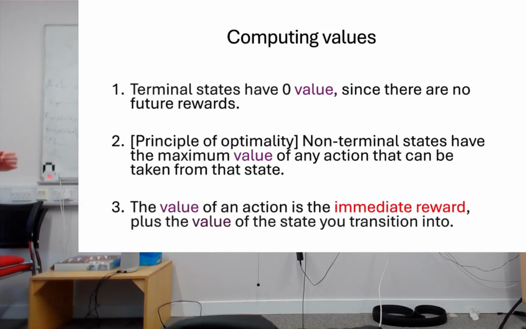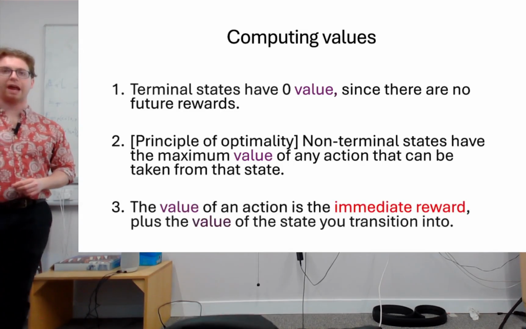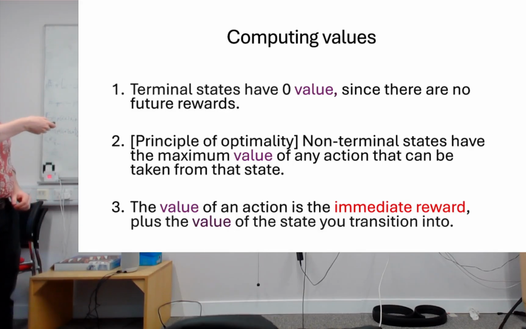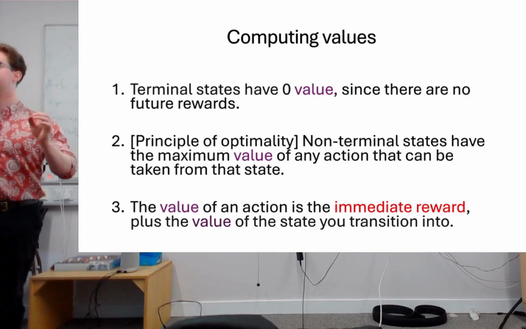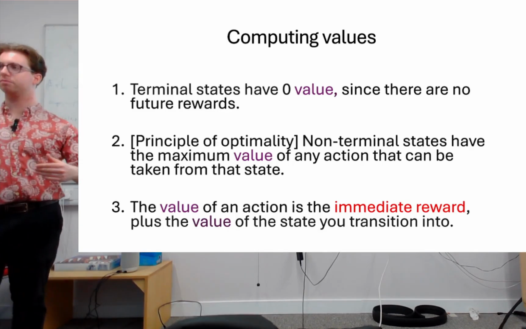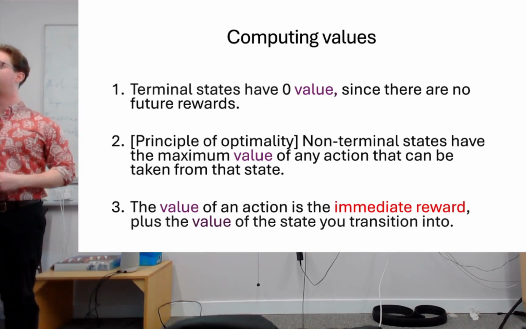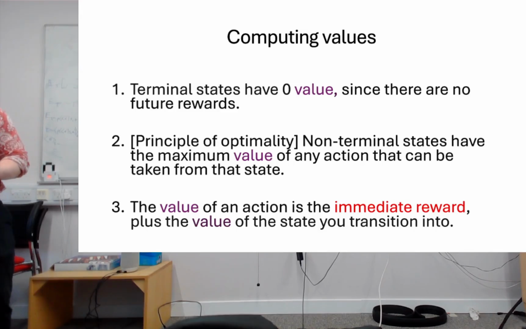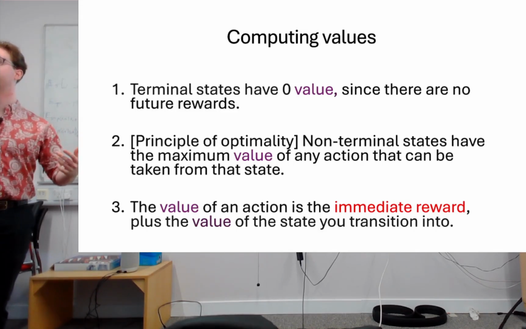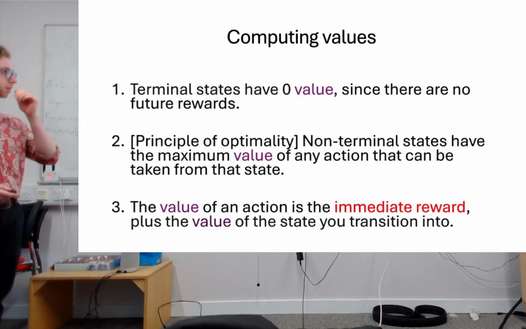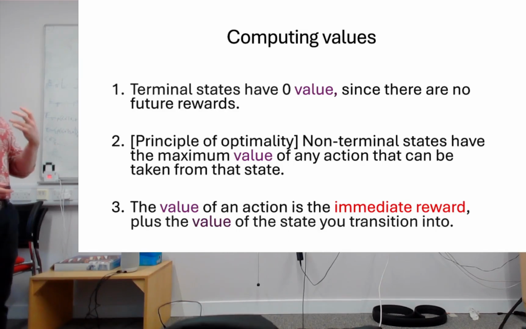The third axiom is about the value of an action. The first two, about values of states, tell us that if I'm at a terminal state, the value is 0, and if I'm at a non-terminal state, it's the maximum action value. So all we need now is to know how to compute action values. This is what our third axiom is going to do. It says that the value of an action is the immediate reward I get plus the value of the state you transition into.